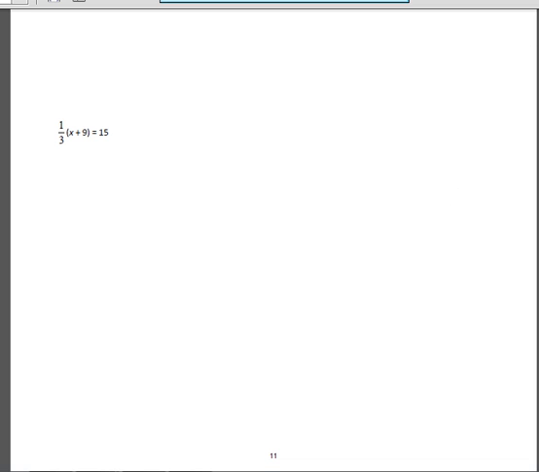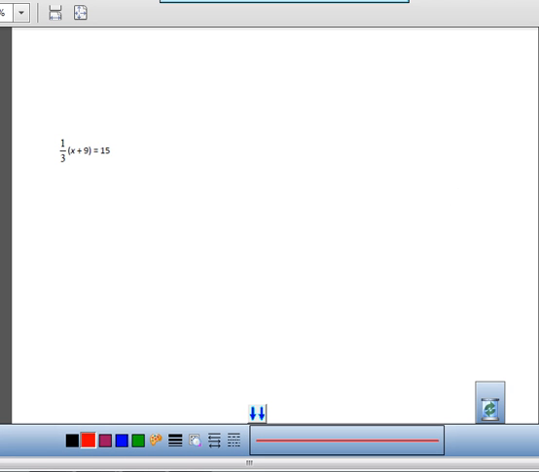Alright, the last one that we're going to do together. So, I draw a line down here. I do the distributive property. 1/3 times x is 1/3 x. 1/3 times 9 is 3 equals 15.